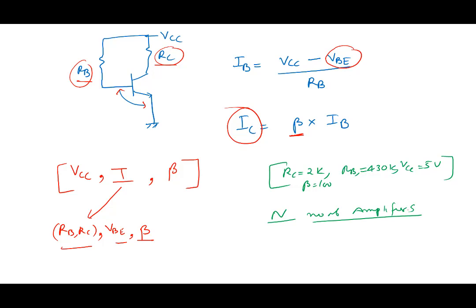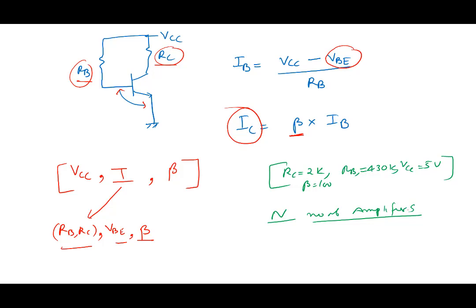If you have an exam or you're doing an experiment, you're making one amplifier. If you're a manufacturer, you're making N number of amplifiers, maybe 1 million units. In all those amplifiers, what is fixed? The design is fixed. In all of them, you're going to use RB of 430K, RC of 2K, and beta of 100.